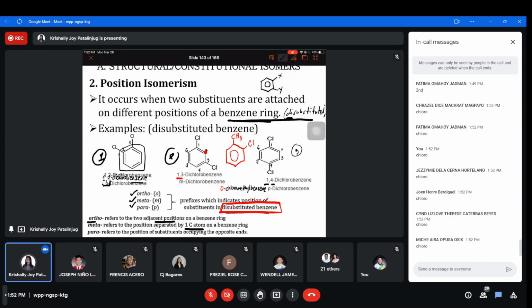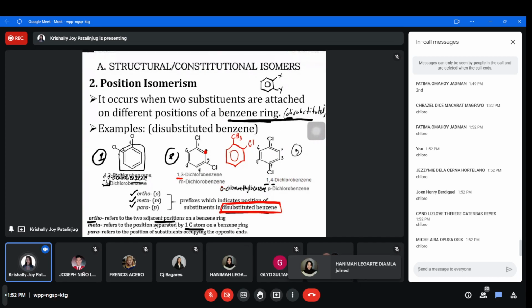Yan po yung ibig sabihin ng ortho. Magkatabi yung dalawang substituents. Okay, so position isomers ito. So just to wrap up about position isomers, yung structures nagkakaiba because of the difference in the position of the functional groups or position of the substituents. Okay? Sige.